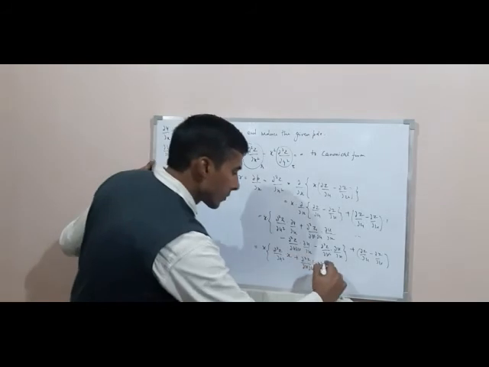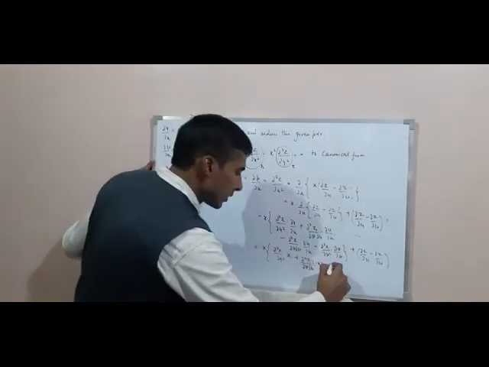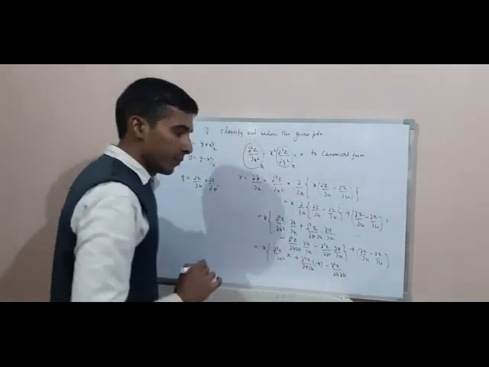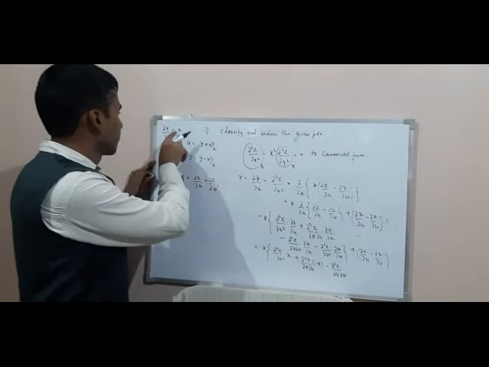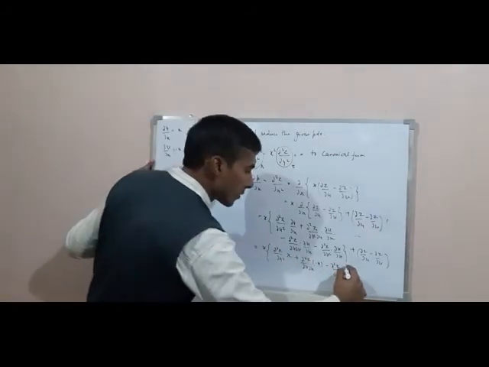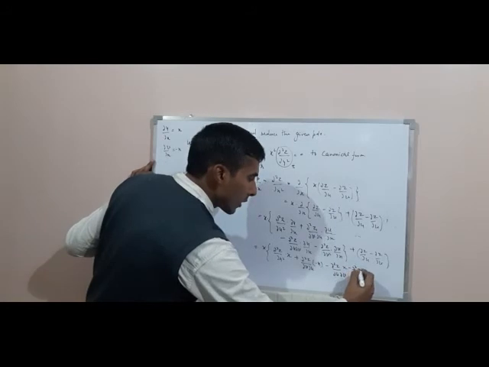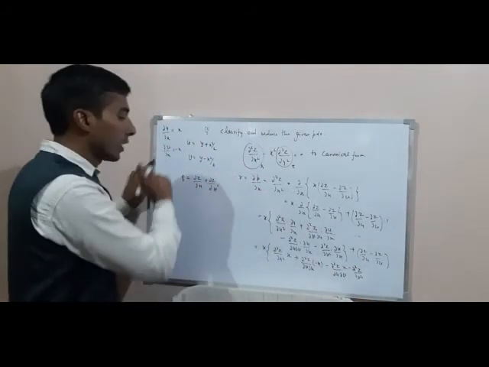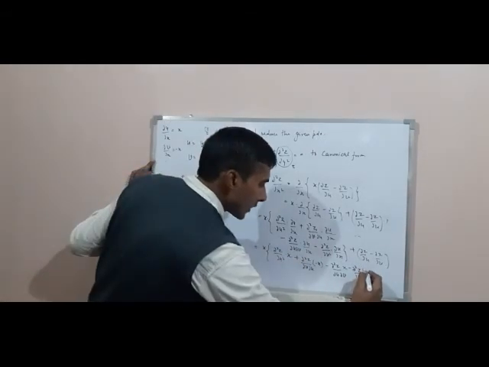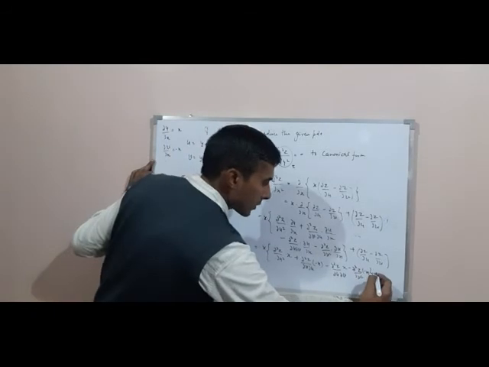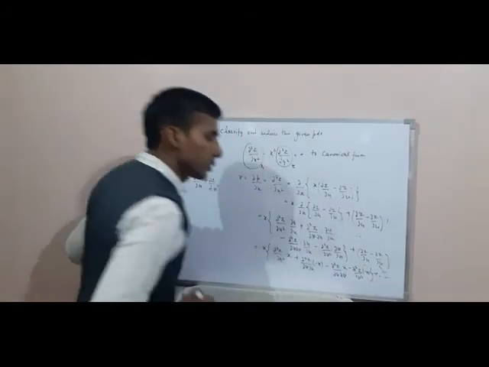Again this is minus ∂²z/∂u∂v and ∂u/∂x is x. Now the fourth term is minus ∂²z/∂v² and ∂v/∂x is minus x. Now after this, plus this in terms.